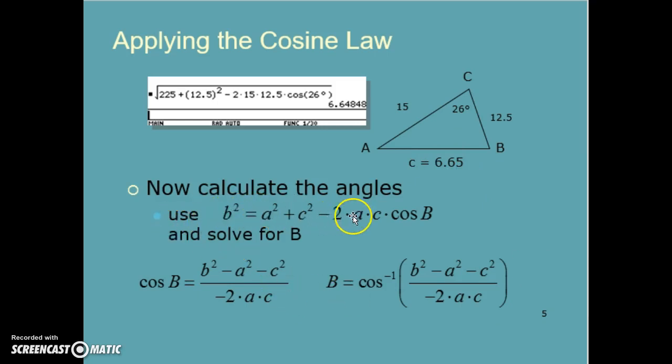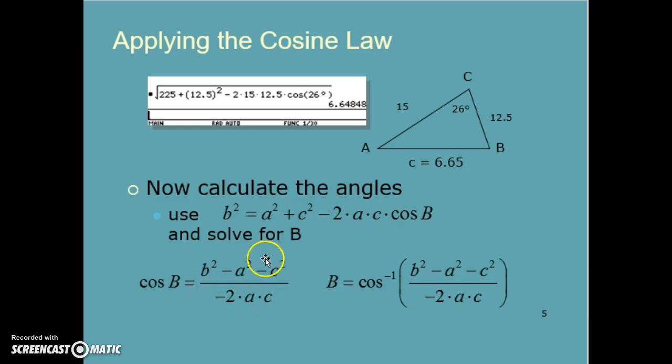We could also use any of those to find the angle measures that are missing. Let's say we want to find the missing angle measure of B. So we're going to take this law of cosines and we're going to solve it for the cosine of B. We would subtract A squared, subtract C squared from both sides, and then we would divide both sides by negative 2AC.